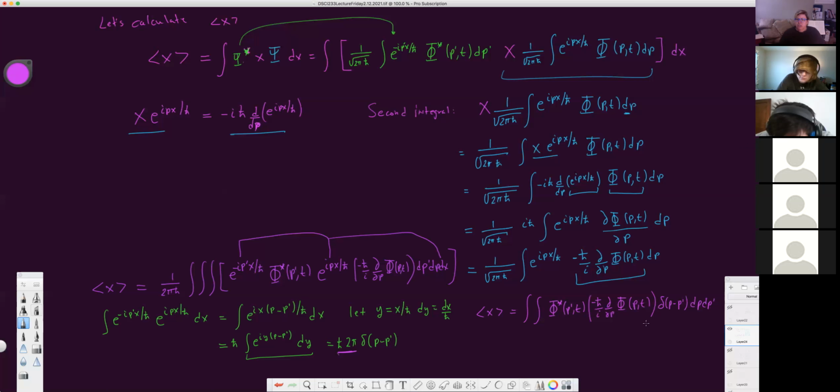Now again, just like when you have a Kronecker delta and 2 sums, this is a Dirac delta function and 2 integrals. It gets rid of one of the integrals, just like the Kronecker delta gets rid of one of the sums. Similar thing here. Let's just choose to make every p prime a p.